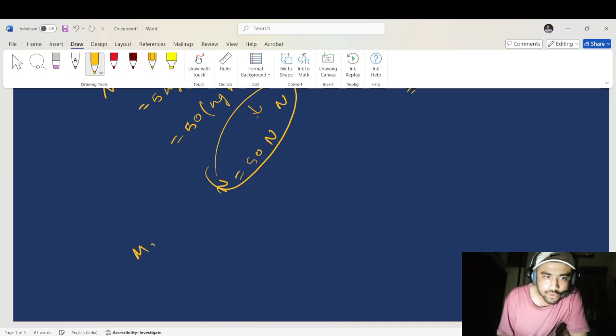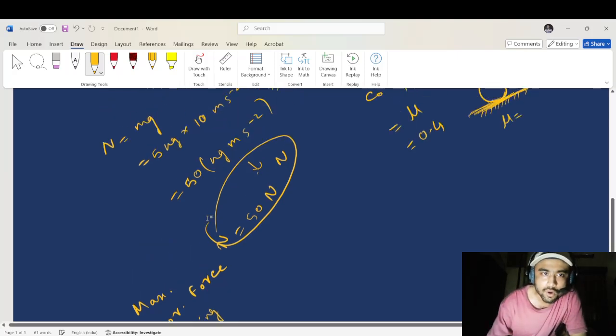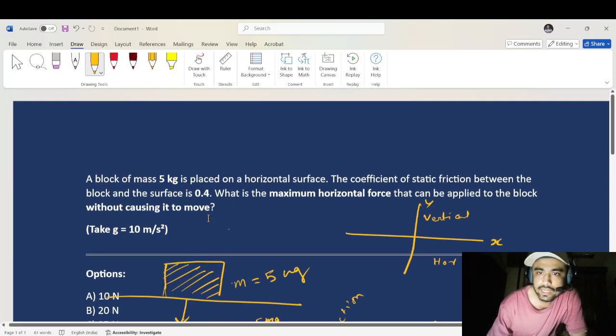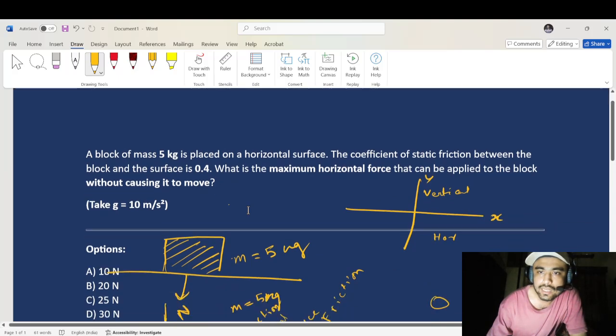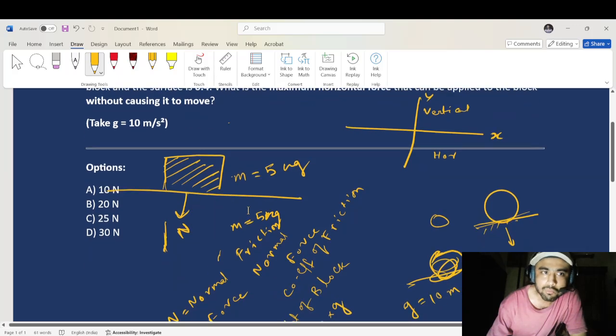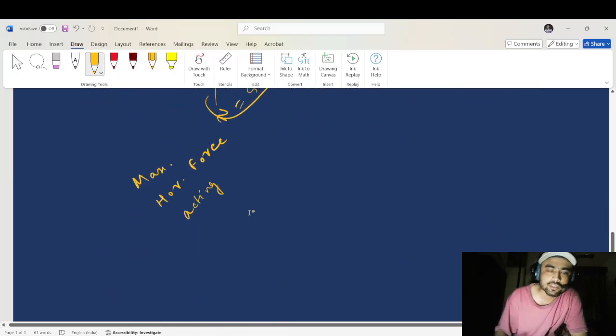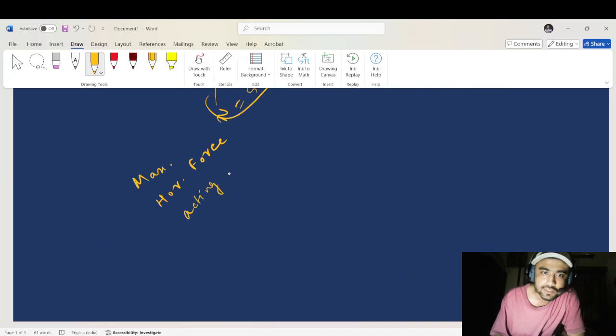So we need to find out the maximum horizontal force acting on the block, or applied to the block, doesn't matter, without causing it to move, or without moving the block.